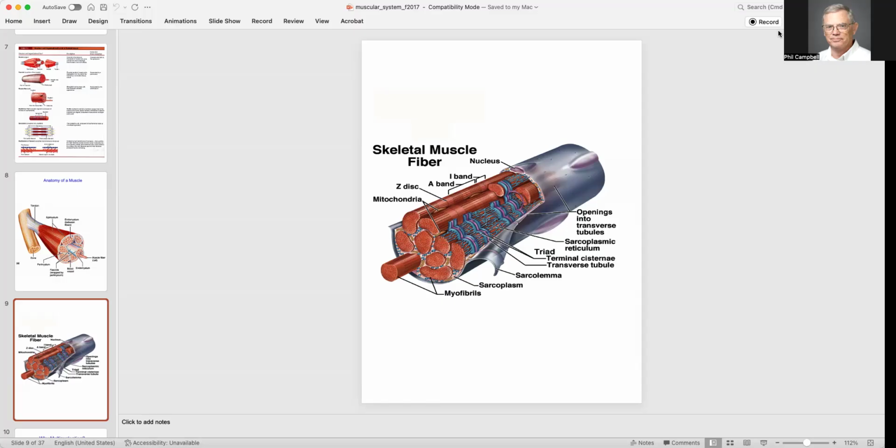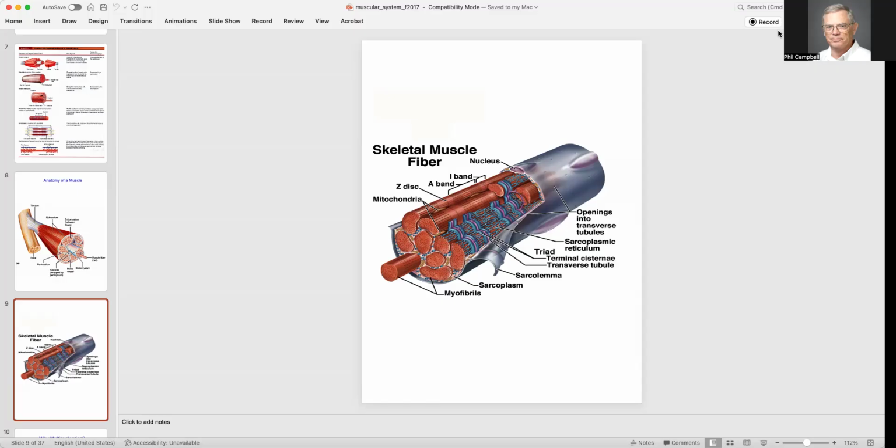So basically, the T-tubule, since it is exposed to the outside surface, represents an internalization of the plasma membrane to deep inside the cell. We'll talk about why we need that later. Again, I'm just focusing on the anatomy right now. We're going to be revisiting this in a bit, but what I want you to realize is this.